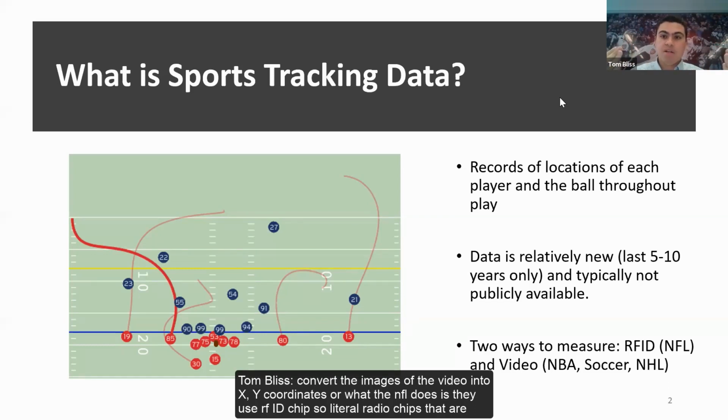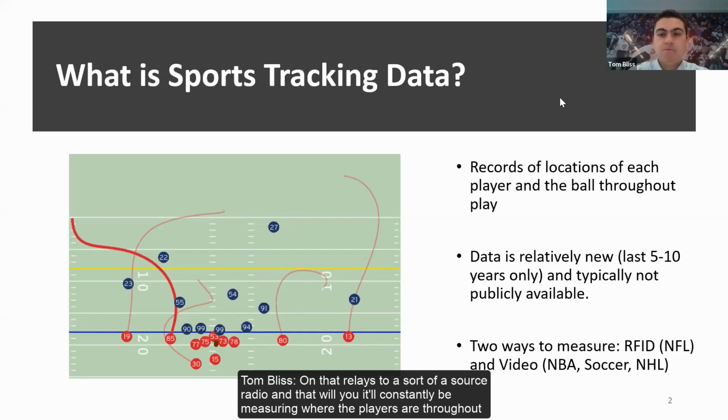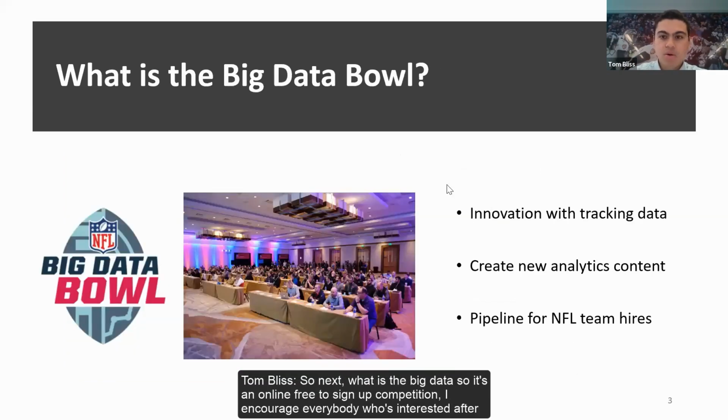Or, what the NFL does is use RFID chips, literal radio chips in the shoulder pads of every single player and in the ball, that relay to a source radio and constantly measure where the players are throughout the entirety of the play. So that's what NFL tracking data is based on, these radio coordinates, and that's what we're going to be discussing today.